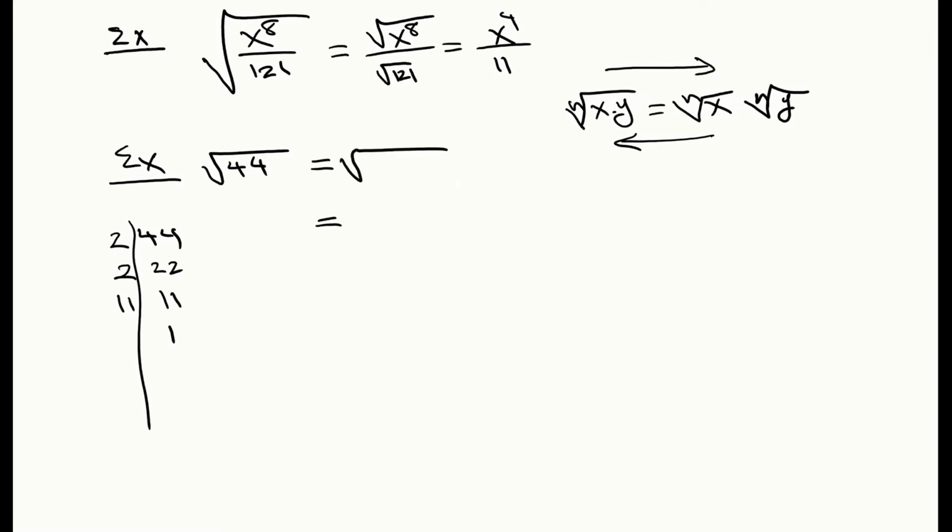Normally we won't show this step, but this is what we did. We said, okay, from the prime factorization, this is going to be 2 squared times 11. So instead of 44, we can write 2 squared times 11. Now we can split it up using this rule as the square root of 2 squared times the square root of 11. And of course, what number do you square to get 2 squared? Of course, 2. And that's going to be multiplied times the square root of 11. And that is our final answer.